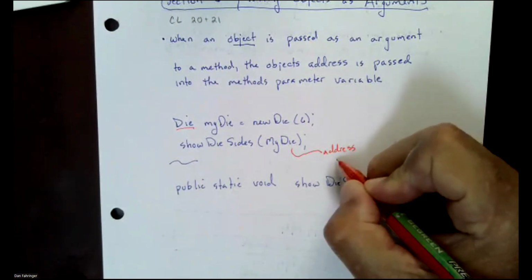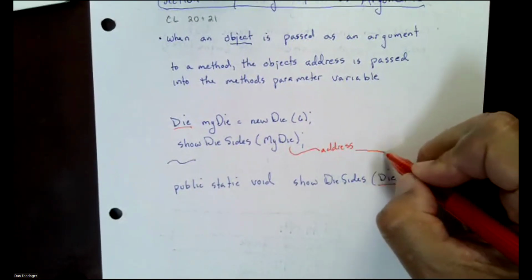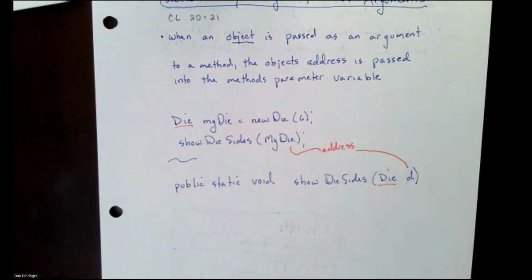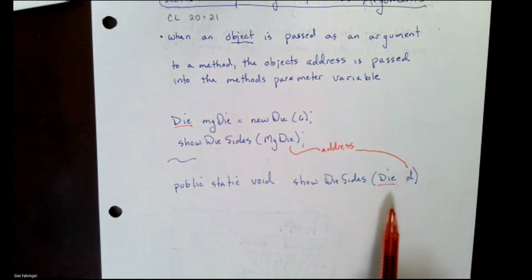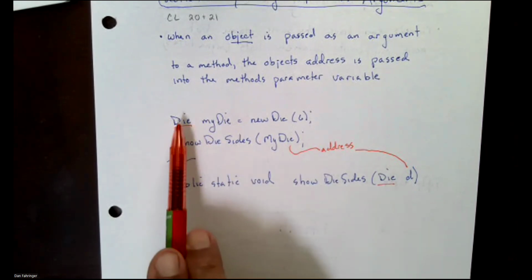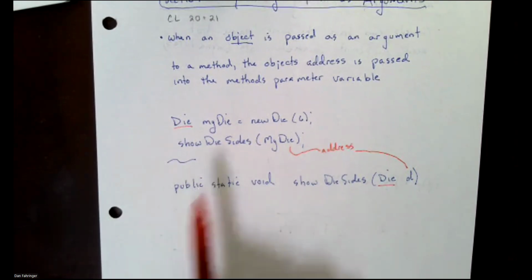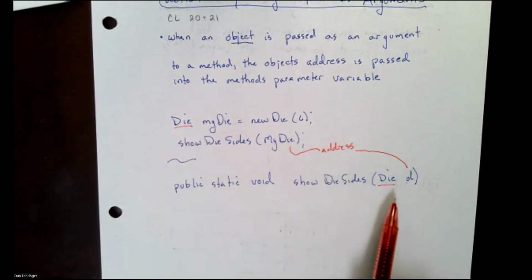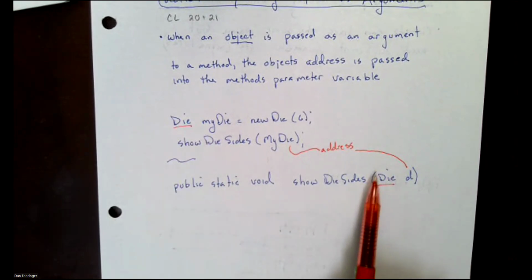And that address is going to go over here and land in d. Again, here's my data type. Die. Not telling you to die, it's a die, a dice. Again, these are always just our data types.